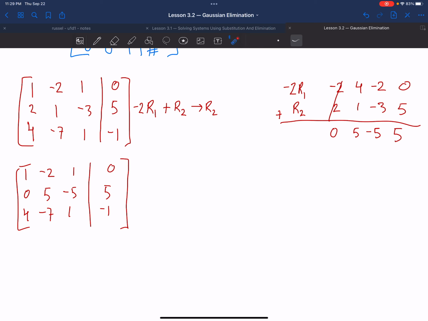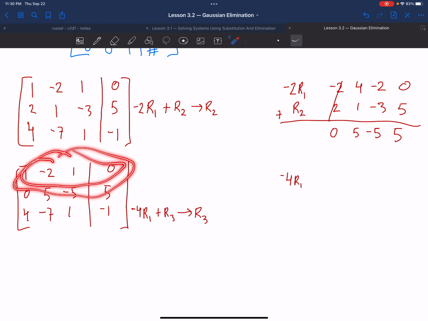Can I make this 4 a 0? Well, yeah. If I take negative 4 times row 1 and add that with row 2, oops, not row 2, but this time row 3, and replace row 3 with this, then let's do that. Negative 4 times row 1. So look at your row 1. I'm going to use my laser pointer. This guy, the top row.